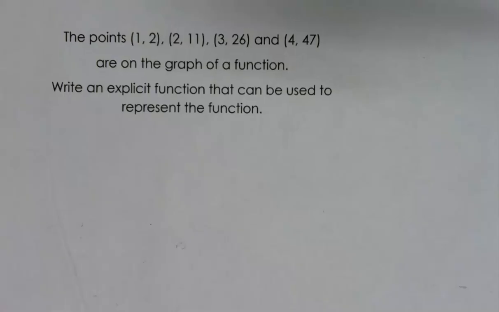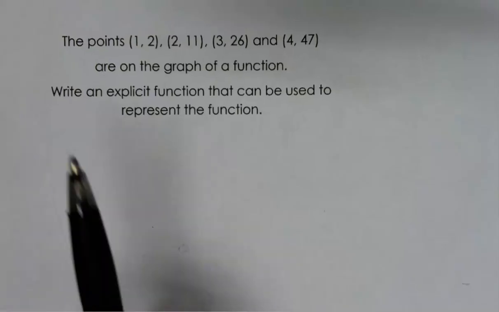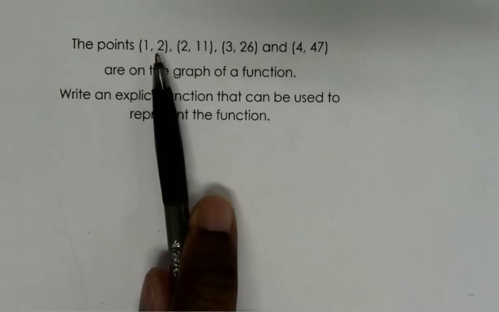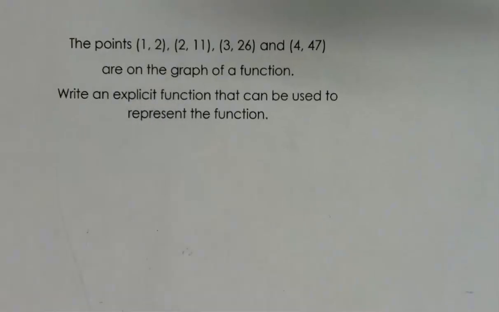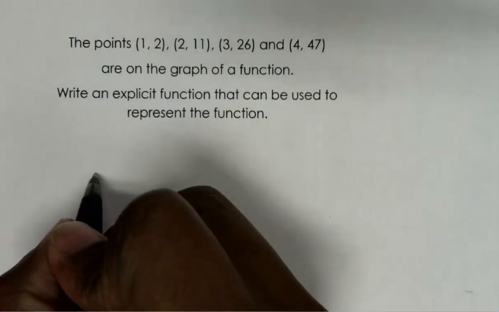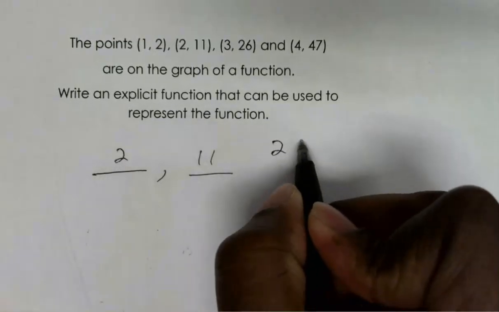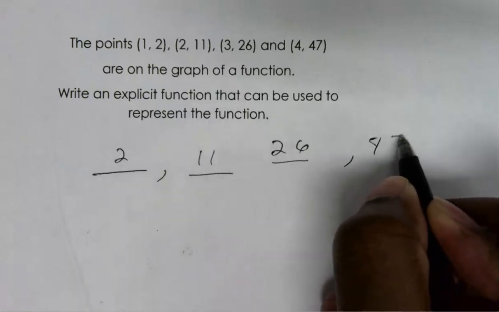Other than a table or a sequence of pictures, they could give it to you as a sequence of points. The x value is the stage number, and the y values are the numbers in your sequence. So the numbers in my sequence are 2, 11, 26, 47.